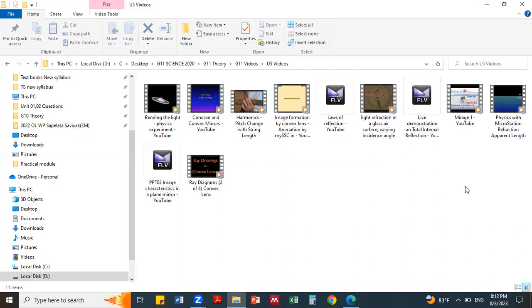Did I show this in the previous class? No, none of these. Okay, I'll show you this total internal reflection here. This one.